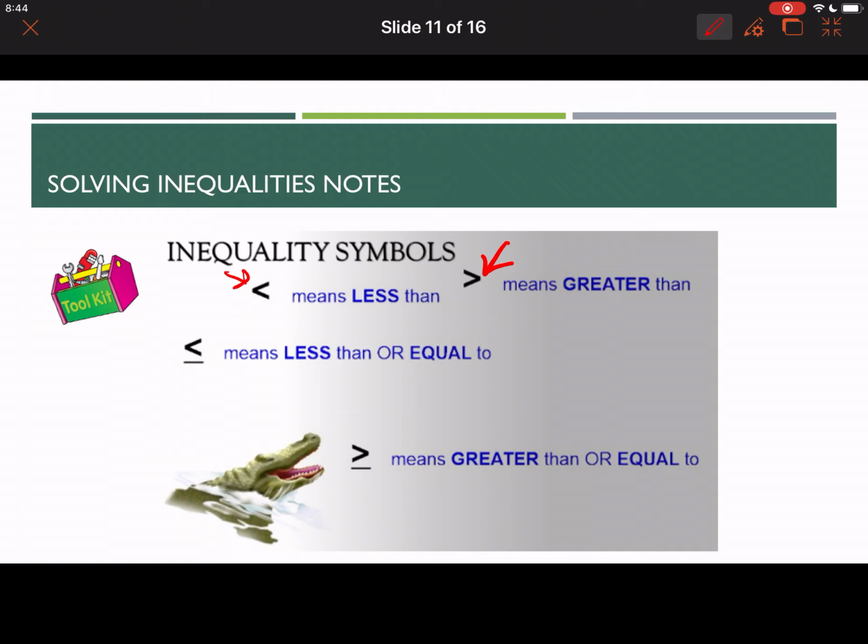And I was always taught to remember that the one that points in the same direction is like an uppercase L, slanted to its side, like the less than, where the greater than is open in the opposite direction. And then anytime you have the solid dash underneath that symbol, that means the or equal to part. So this one here is less than or equal to.